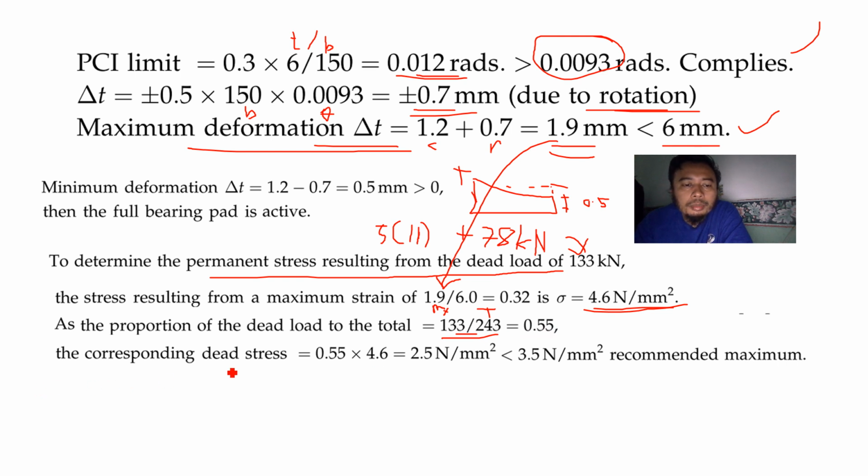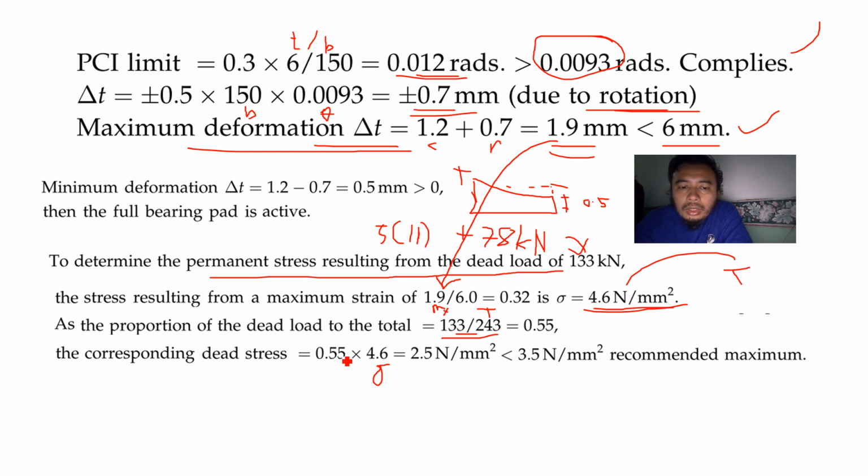The corresponding dead stress is equal to 0.55 times this is your maximum stress. This is the compressive stress. So we take a proportion because this is not a total value. This value 4.6 is based on the total force.